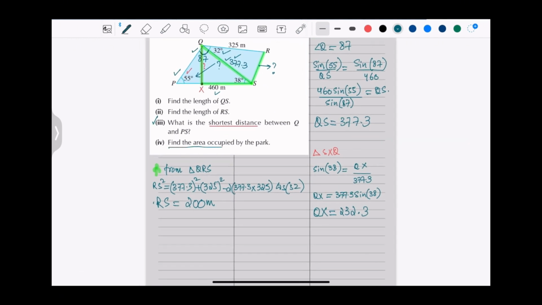Now find the area occupied by the park. So as you could see that PQRS is not a shape that we already have identified, but just a quadrilateral. So what we can do is we straight away take two separate triangles.